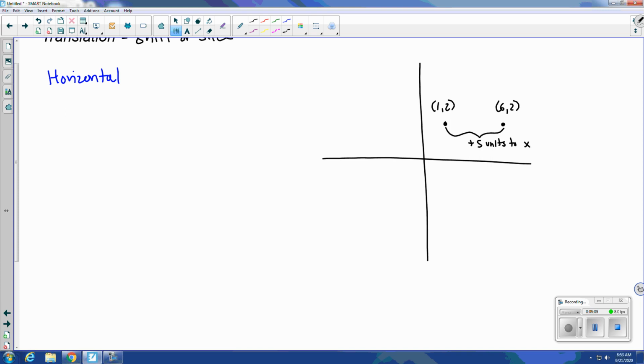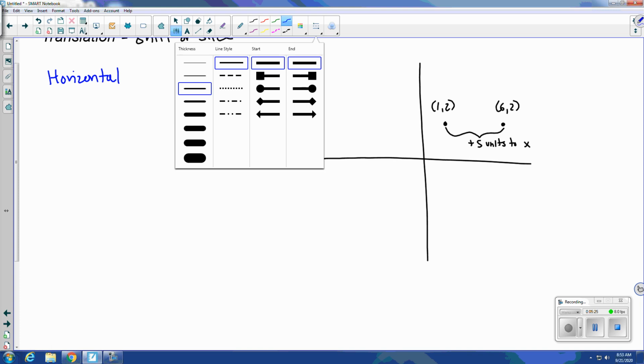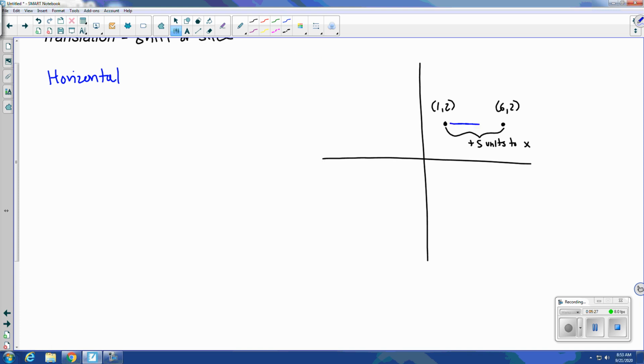Again, if I'm just shifting right, I'm not trying to go up or down, so my y coordinate at these 2 points will be the same. They're both a value of 2. If I want to move it to the point 6, 2, I can see that that would be a shift or a slide to the right. And from an operation perspective, what happened? We added 5 to the x coordinate.